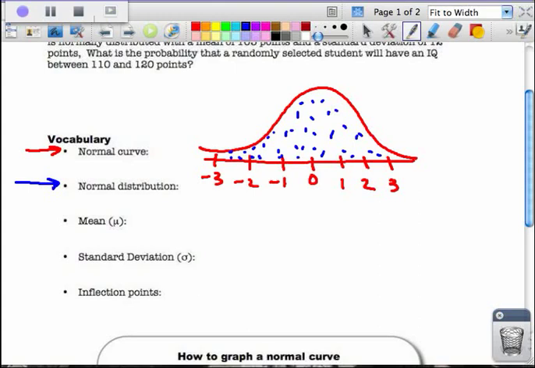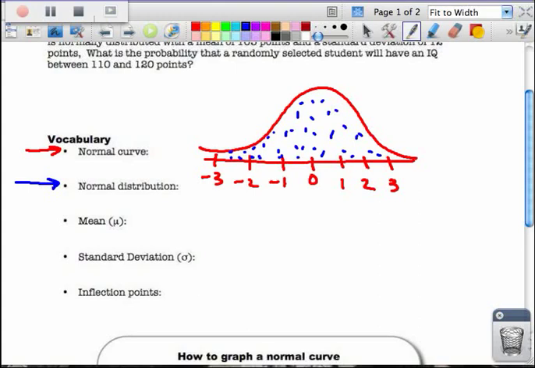Meaning that if we were trying to model it, it would look like a normal curve. And the curve comes when you have an infinite number of data points. And so the curve models what these discrete data points would be.